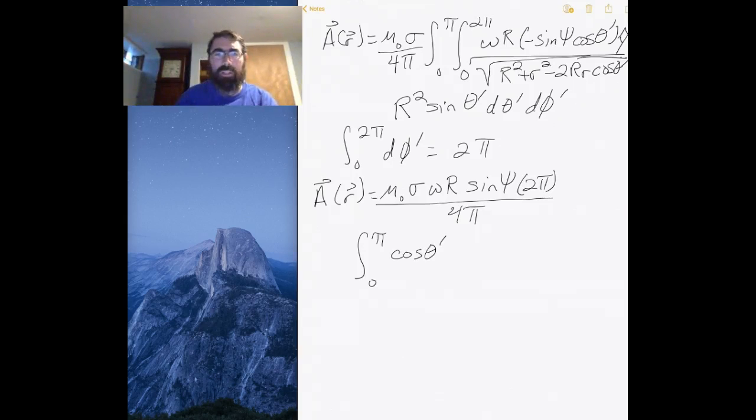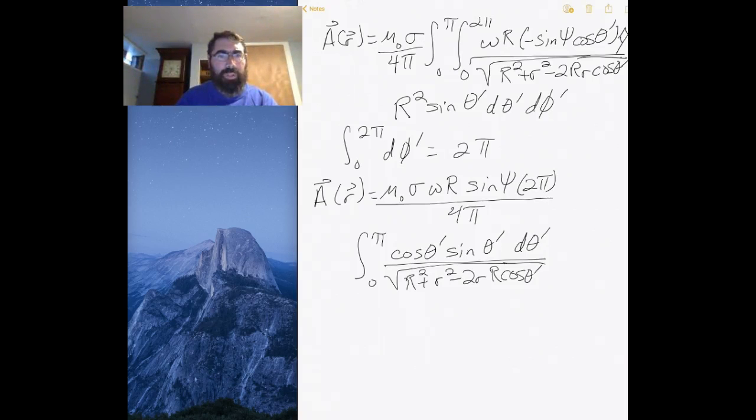cosine theta prime sine theta prime d theta prime divided by the square root of capital R squared plus lowercase r squared minus 2 little r big R cosine theta prime.